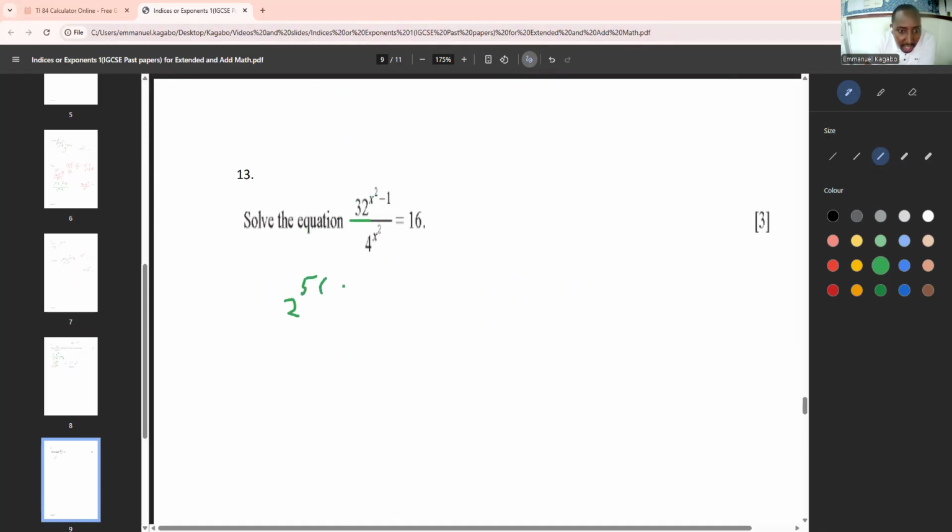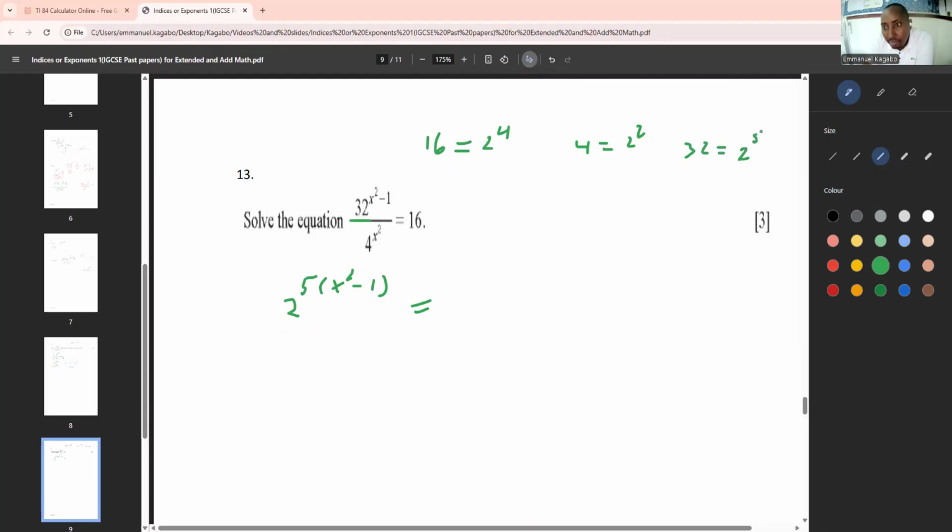So bracket x squared, because they told you to solve the equation. By the way, let me cross multiply. So when I cross multiply here, it will be 16. 16 is 2 power 4. 4 is 2 power 2. And 32 is 2 power 5.